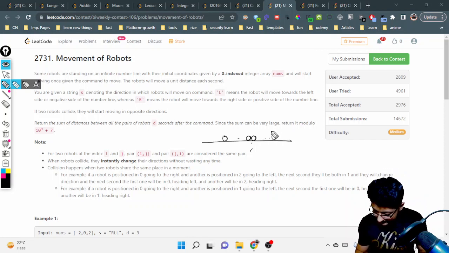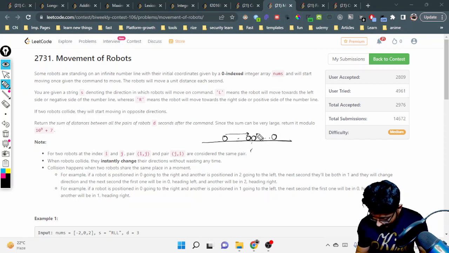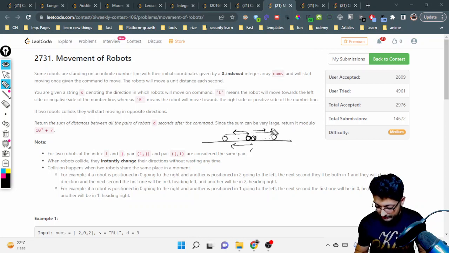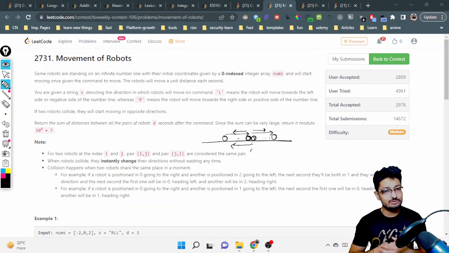What I mean is, assume this ball keeps on going, passes, and goes in the same direction, and this one also goes in the same direction. Why? Because whether they bounce and go in this direction, or bounce and go in that direction, it means the same thing, because the balls are almost identical to each other.